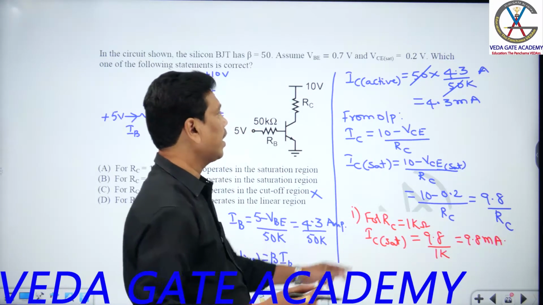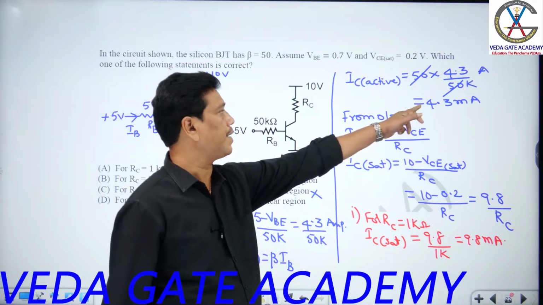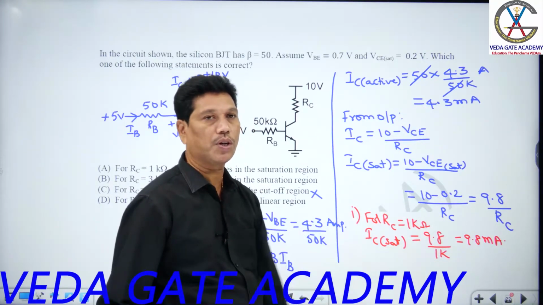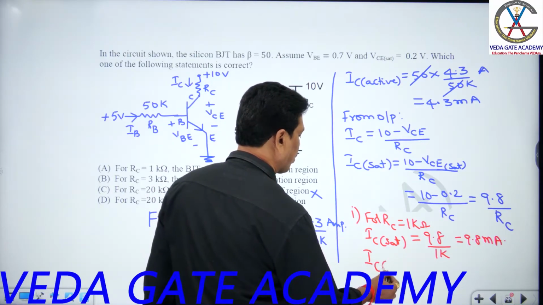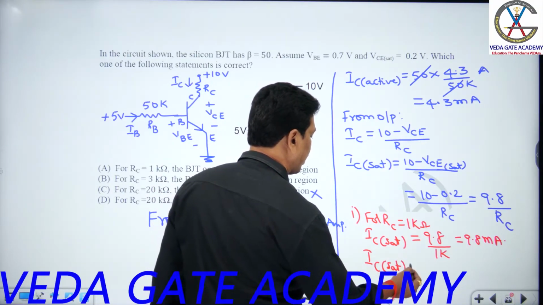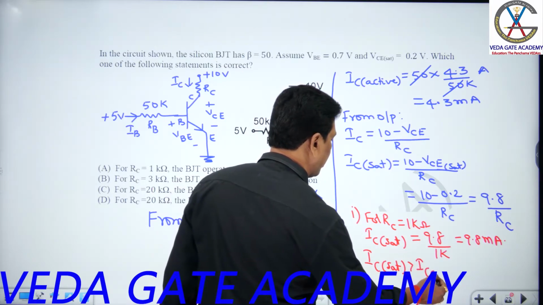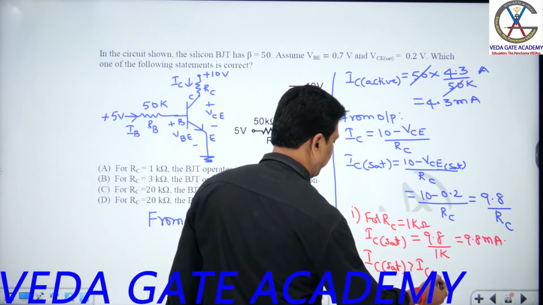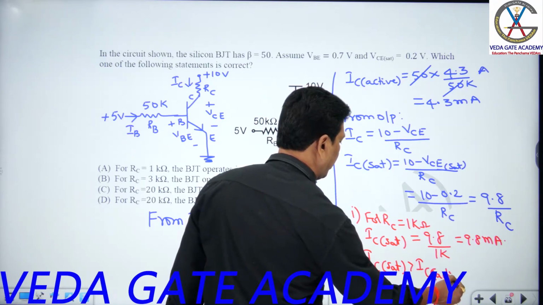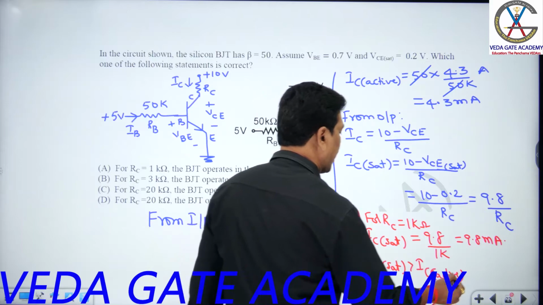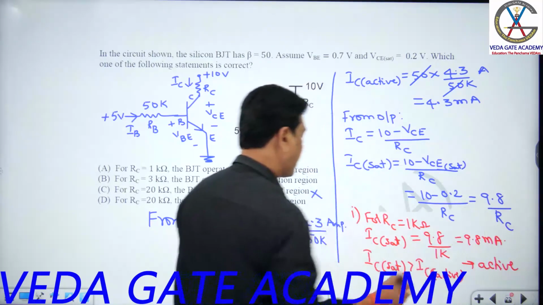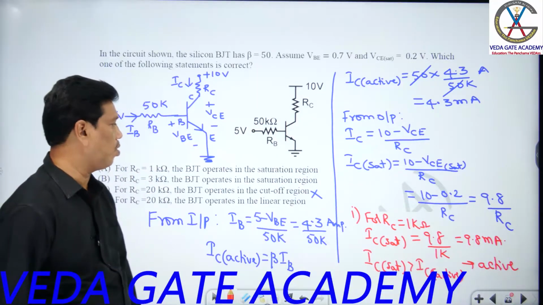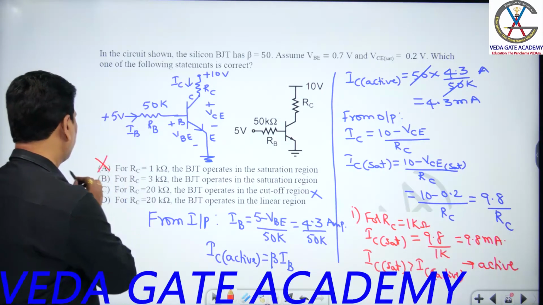Comparing, IC active is 4.3 and IC saturation is 9.8. So IC saturation is greater than IC active, which means it is in active mode, students, nothing but linear mode. It is not in saturation mode. So the first option is wrong.